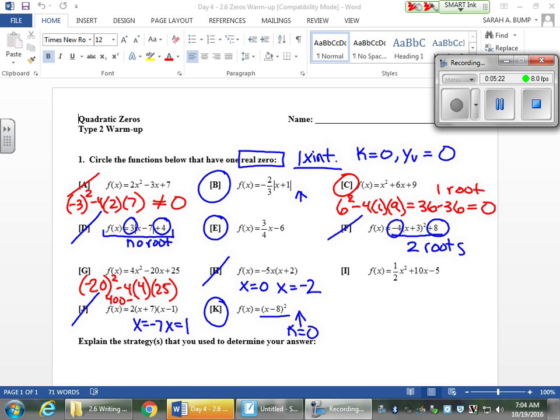So we have 400 minus 400, which is 0. So yes, that will have one root, one x-intercept, (1, 0).